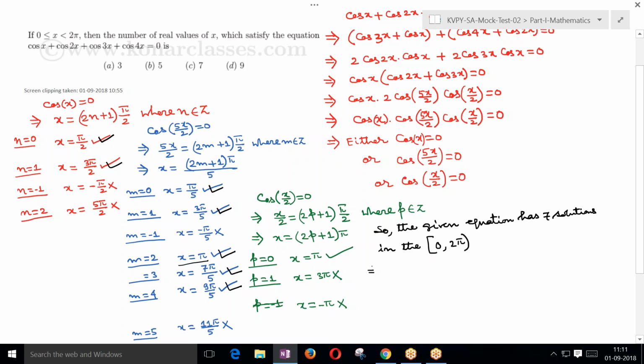So this implies the correct option is C. The correct option is C.